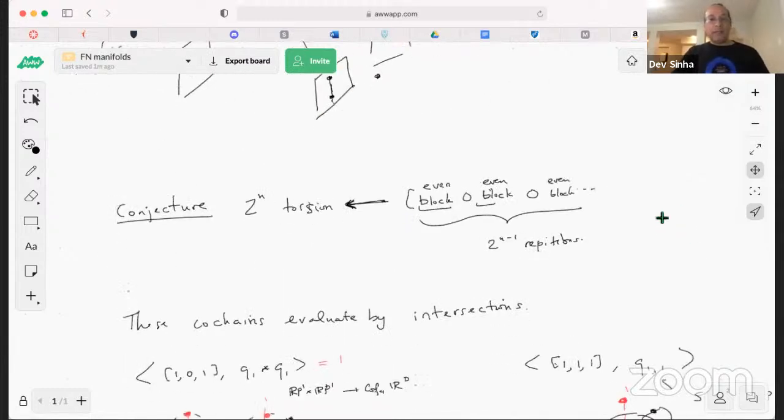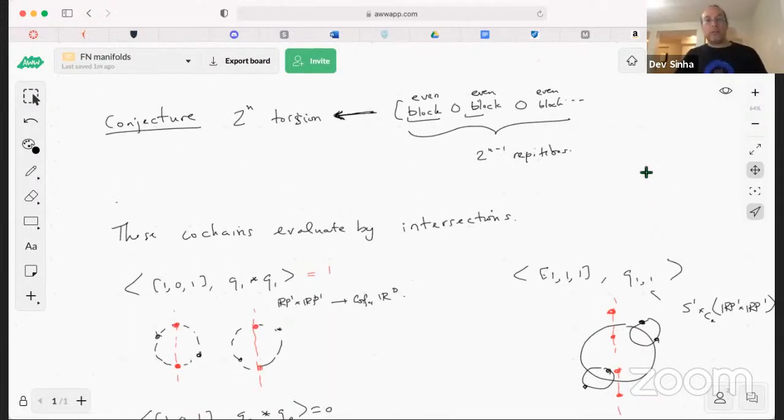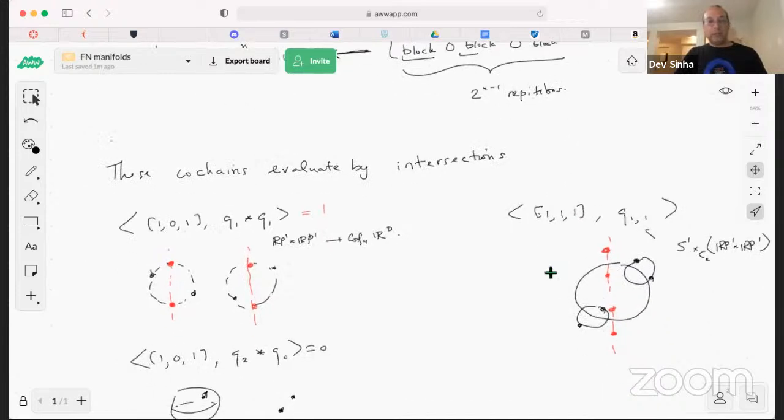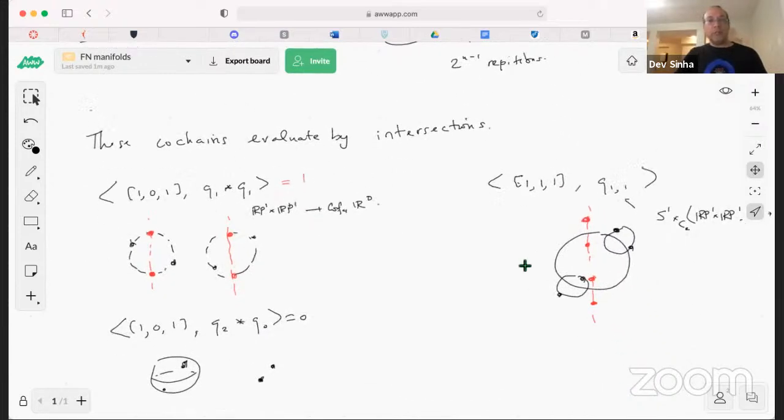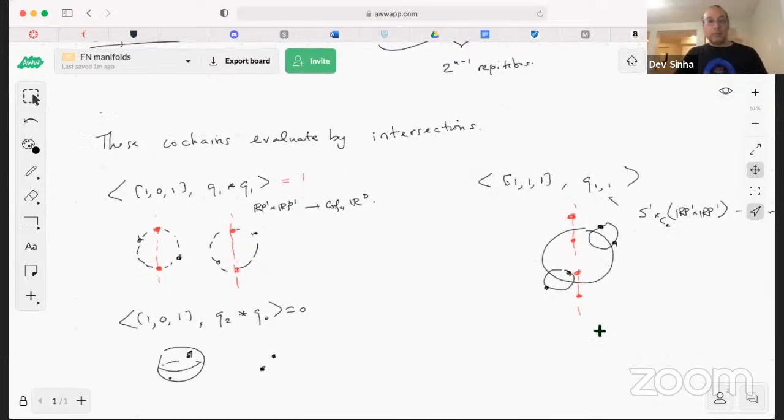but here's the conjecture about 2 torsion. 2 to the n torsion was blocks with 2 to the n minus 1 repetitions. Here's an illustration of how these cochains evaluate by intersection, so that the 1, 0, 1 is really looking for 2 points which share their first coordinate, followed by another 2 points which share their first coordinate, which happens exactly once in this 2-dimensional family of configurations where 2 points dance around each other and the other 2 points dance around each other.